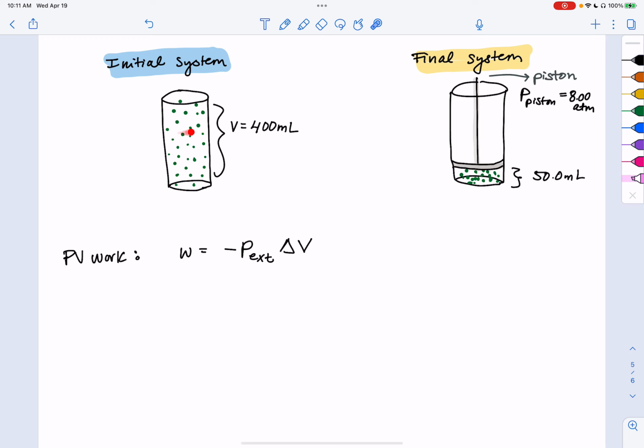We had our octane molecules in this 400 milliliter space, and pushing down on them was this outside force, which was our piston. The thing that is external to our system, that is applying a force that we are fighting against inside our system itself, is the piston. And that's our 8 atmospheres of pressure being applied. So the external pressure is going to be our 8 atmospheres.